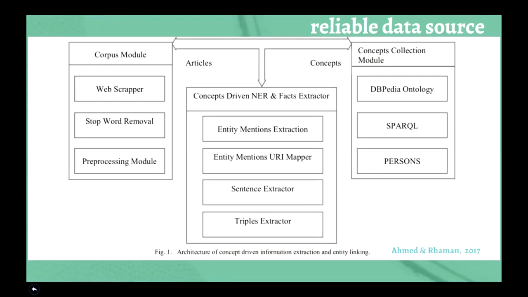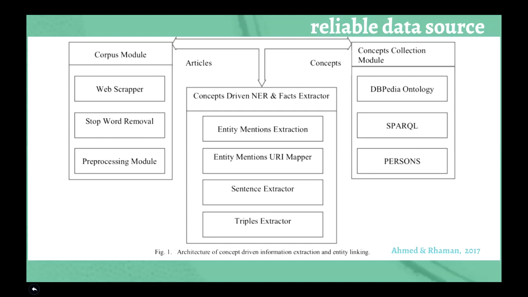This is the architecture of concept-driven information extraction and entity linking. So if we look from the top, you have articles and you have concepts. So we have, for example, if it's a corpus model, we're looking at web scraper, pre-processing module, and stop word removal.